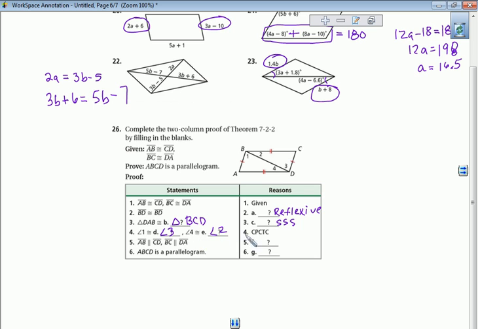So now, these are my alternate interior angles. So those lines must be parallel because of the converse of the alternate interior angle theorem. Therefore, ABCD is a parallelogram from the definition of parallelogram.